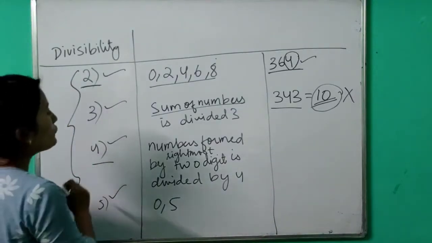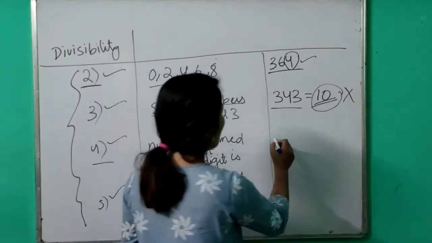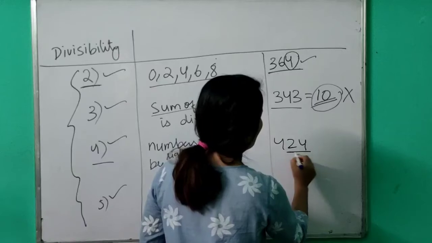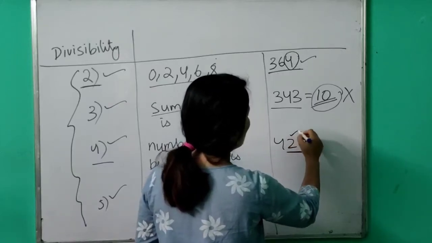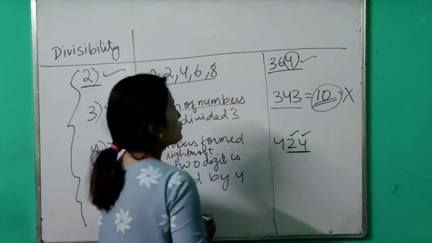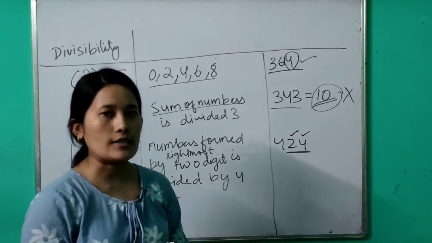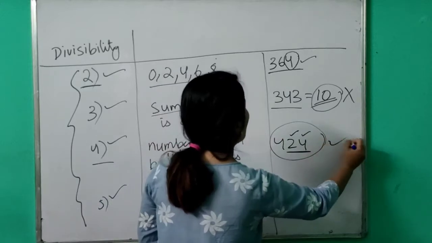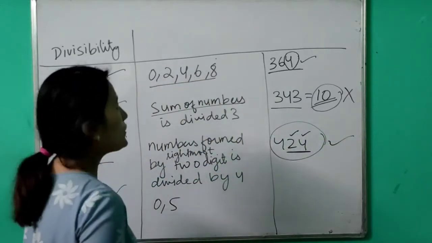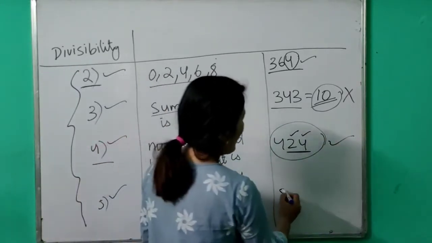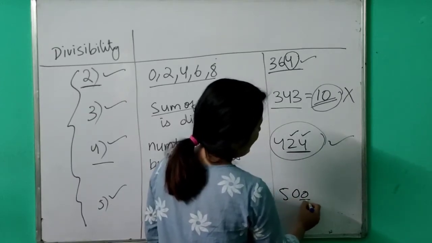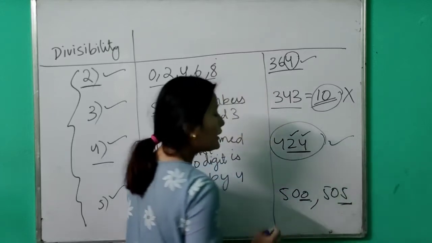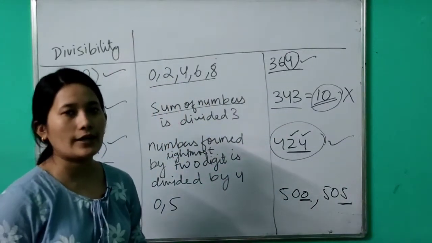Okay, now similarly for 4, you have to look at the two rightmost digits. That means here your 2 rightmost digits are 2 and 4, that is 24. So is 24 divided by 4? Yes, 4 sixes are 24. So this particular number is completely divided by 4. Now similarly with 5, if you have a number ending with 0 or ending with 5, then that number is completely divided by 5.